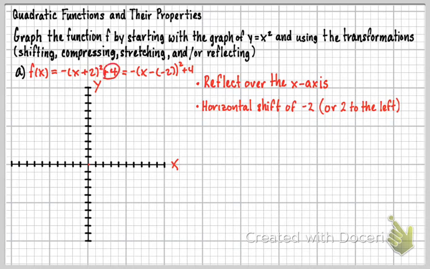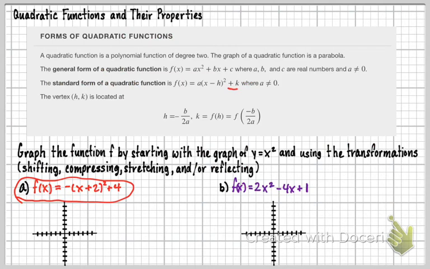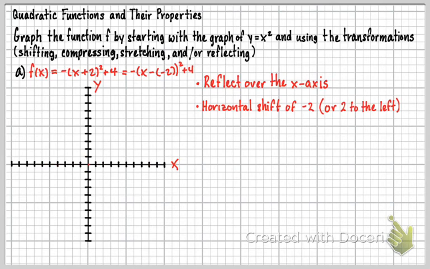+4 here. If you look at the form there, because this is in that second form, that 4 is this piece right here, the +k. So that's my vertical shift, how much I'm moving up or down. Since that's a +4, I'm going to move up 4 because it's being added to the x squared.